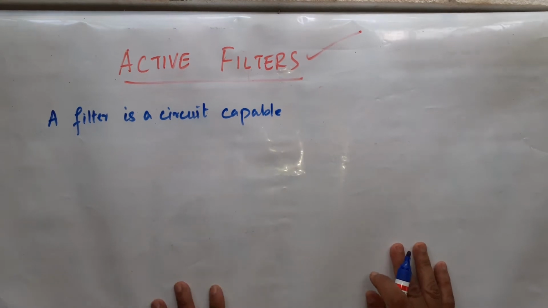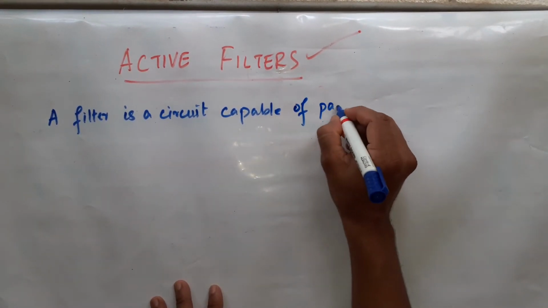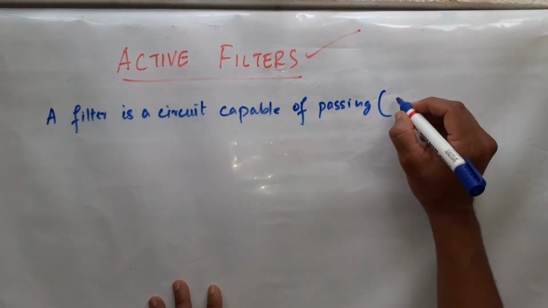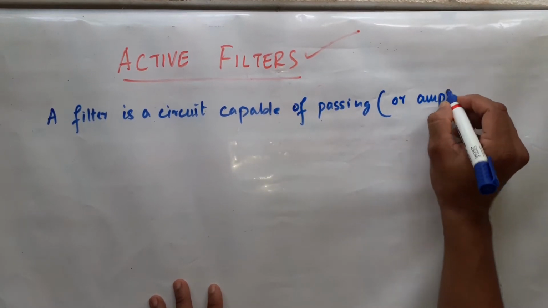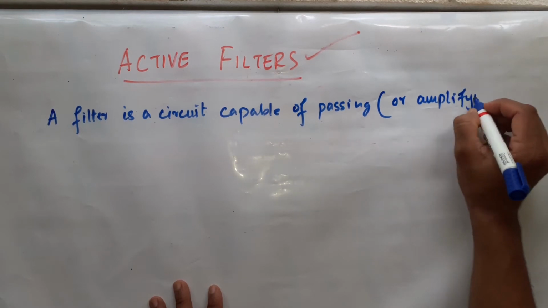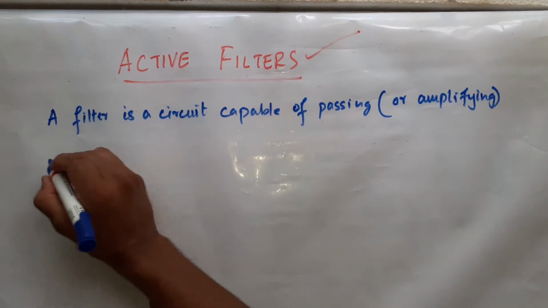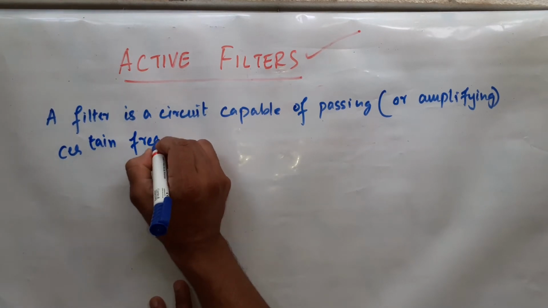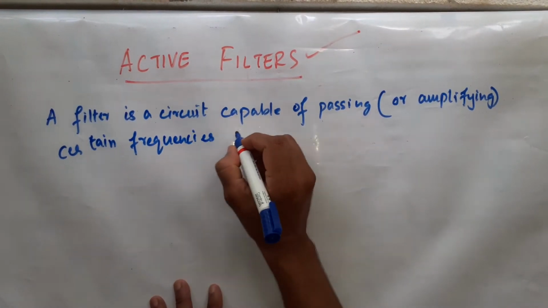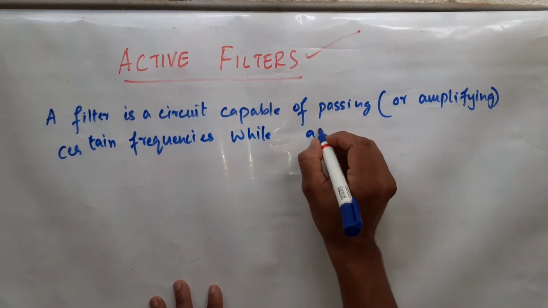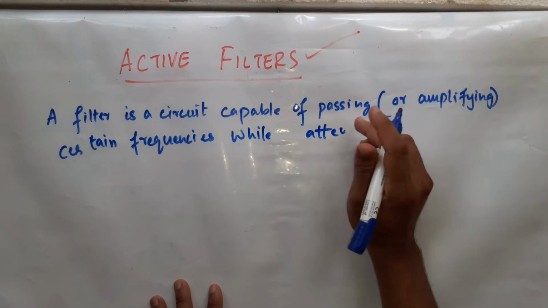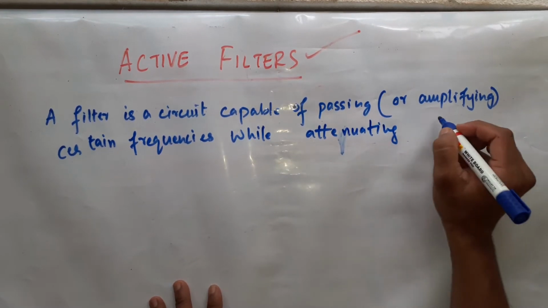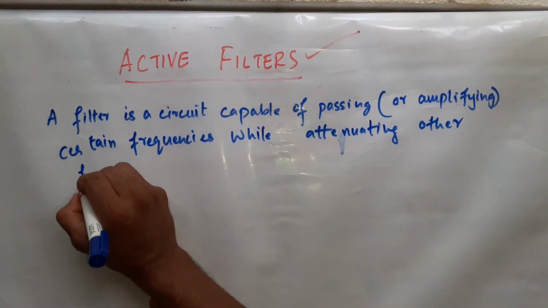A filter is a circuit which is capable of passing, or since we are using operational amplifiers here, we can also write, or amplifying certain frequencies while attenuating other frequencies.